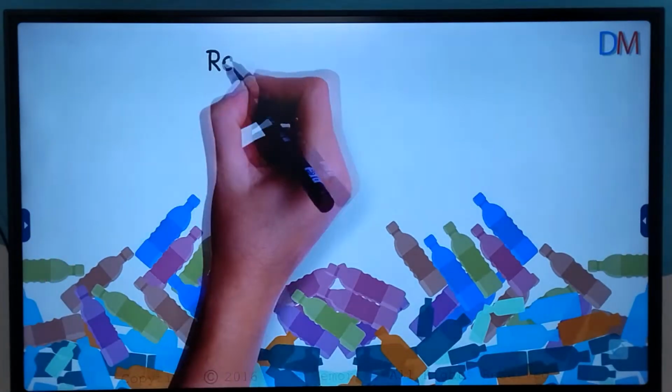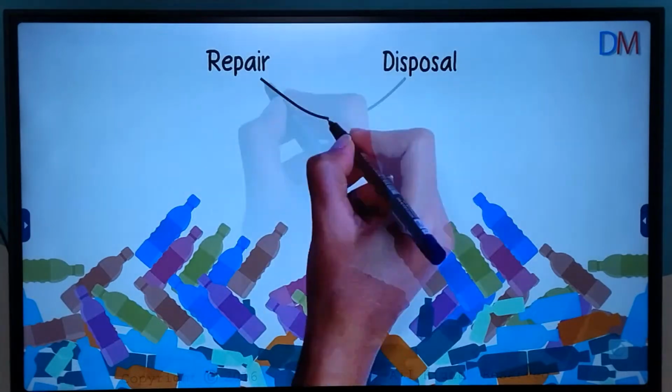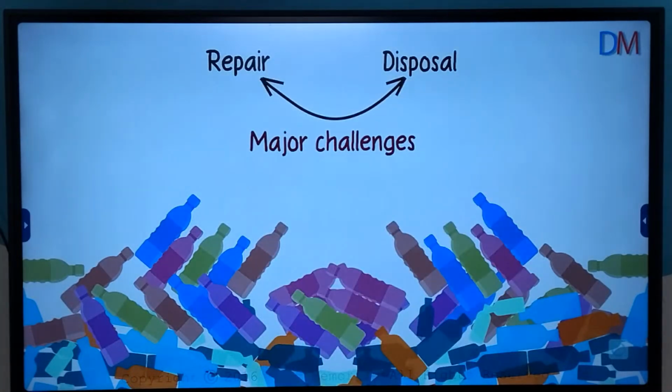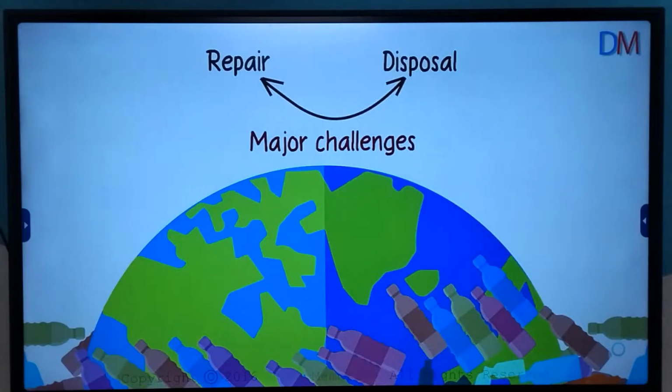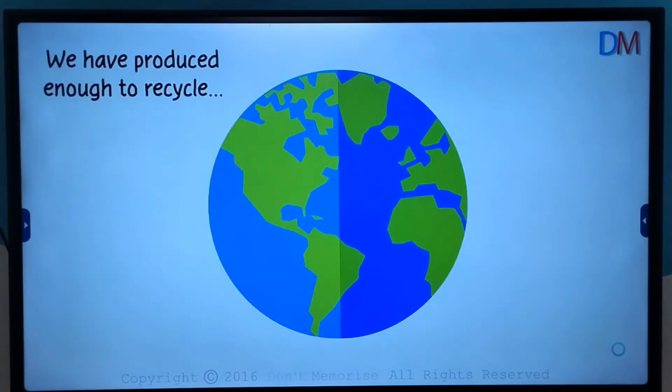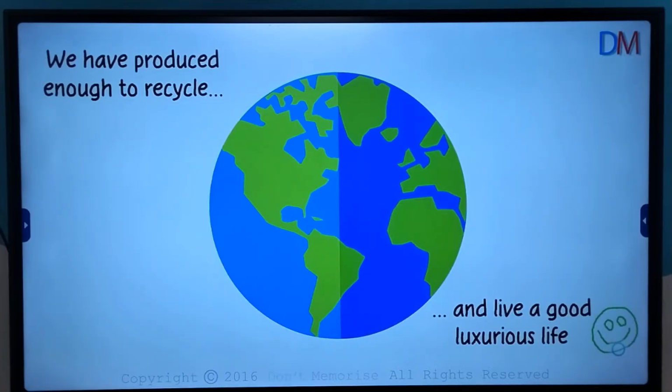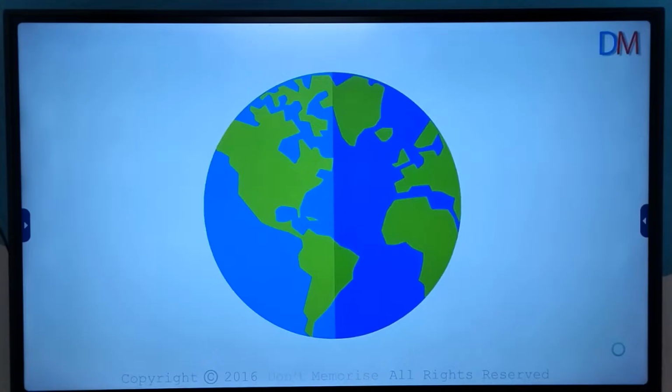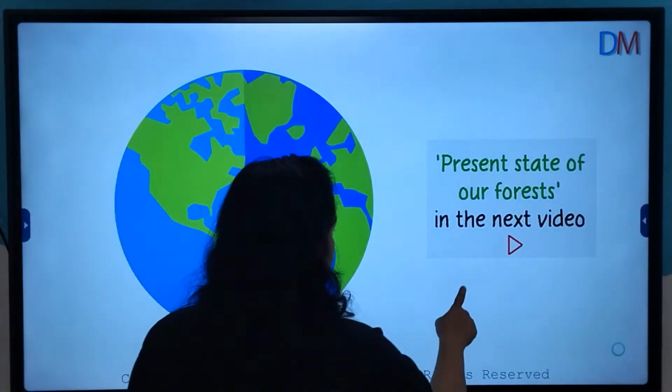Both repair and disposal are major challenges, and if not done properly, can damage the earth and home. It is therefore necessary to avoid production and keep the earth as untouched as possible. We have produced enough to recycle and live a good luxurious life. In our next video, let us look at the present state of our forests.